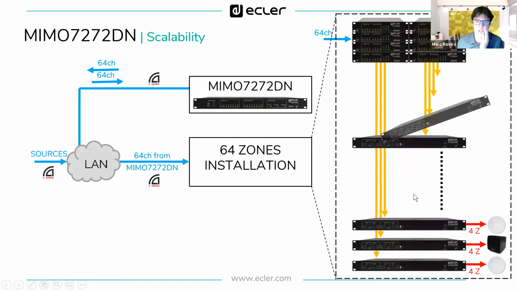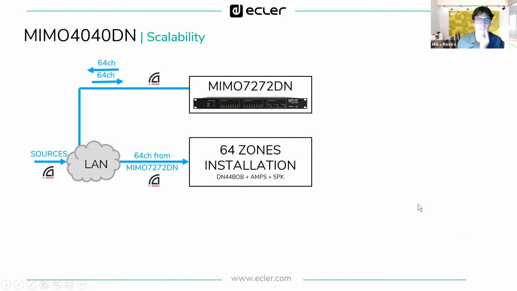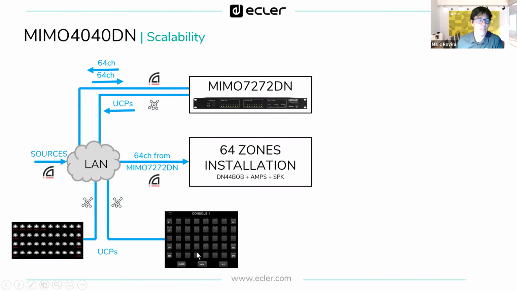So we'll have 64 zones here. How will we control this? We will control it with the other RJ45 connection. If it's connected, we can provide the UCPs from this device to any client: WP-Net Touch, a browser, a smartphone with the app.